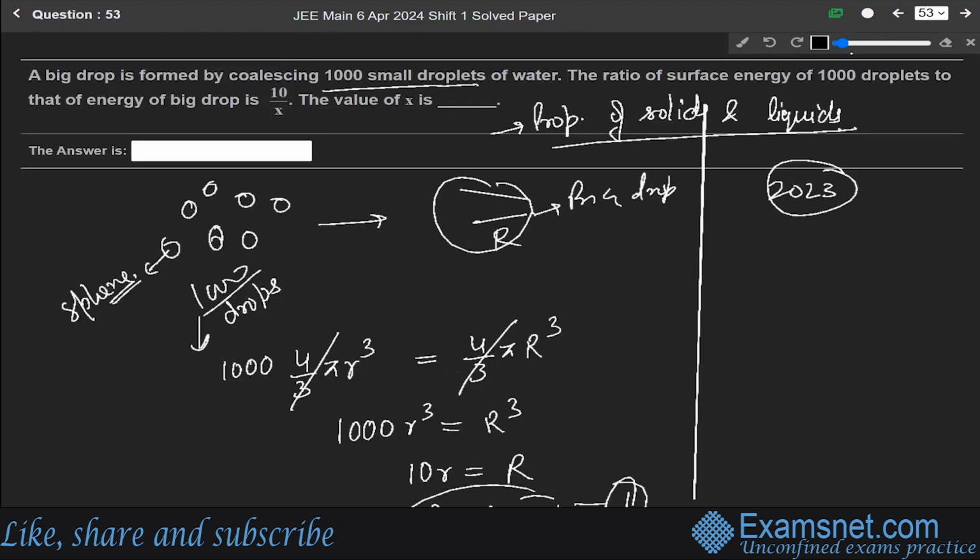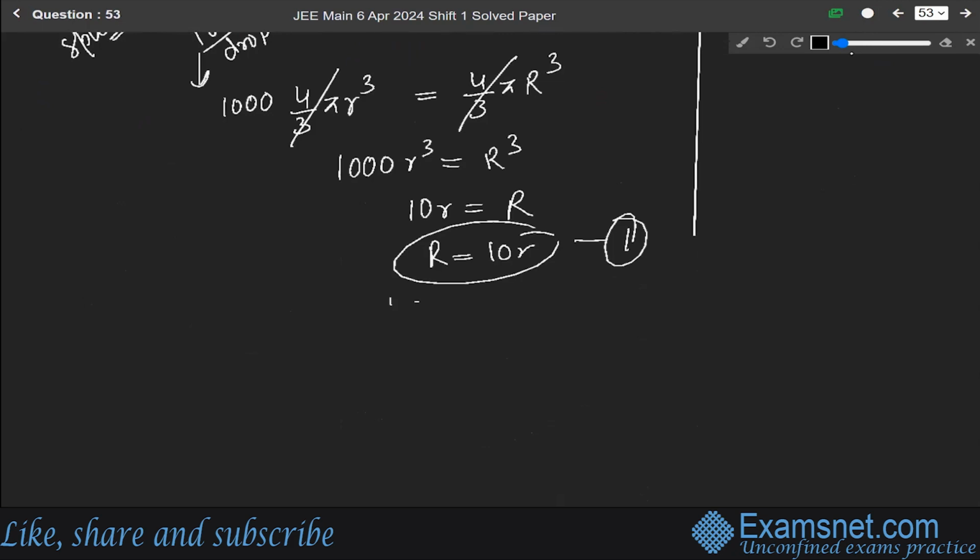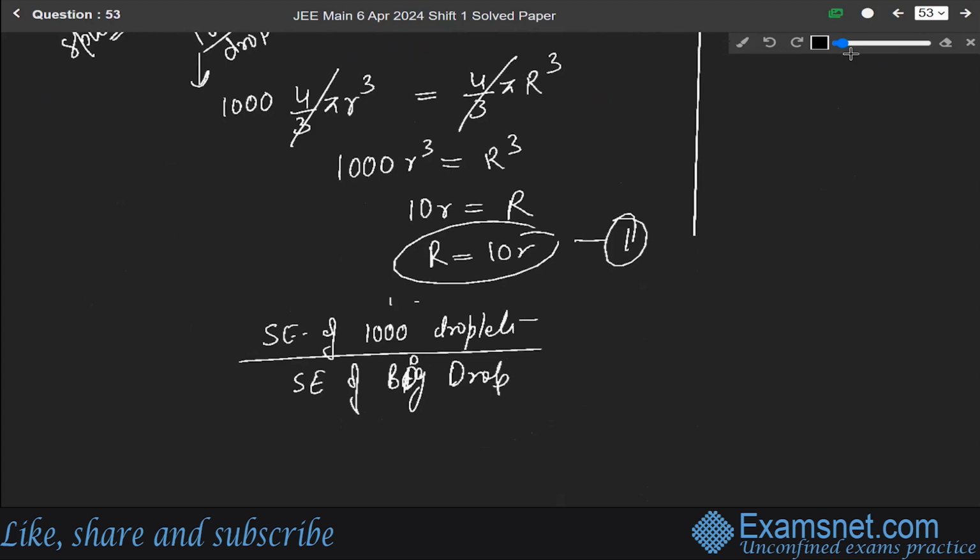In the question, we are asked to find the ratio of surface energy of 1000 droplets to the big drop. The ratio of surface energy means surface energy of 1000 droplets over the energy of one big drop. Surface energy is area times surface tension.